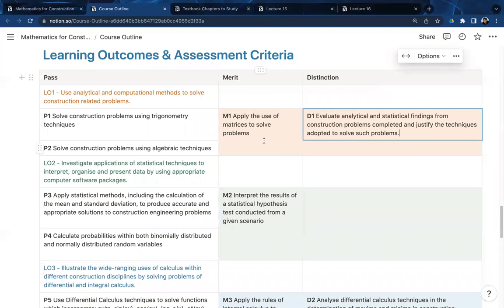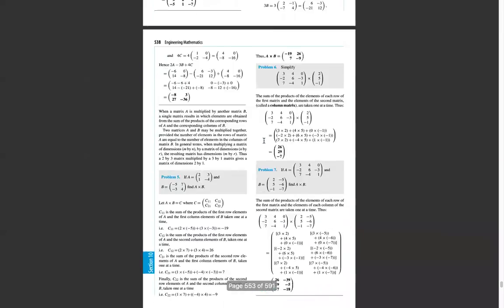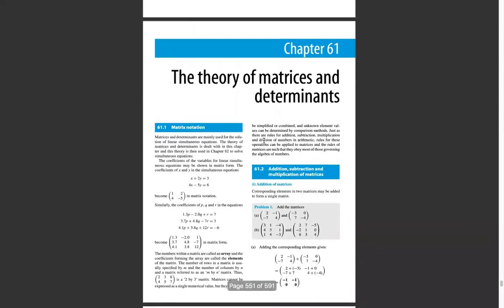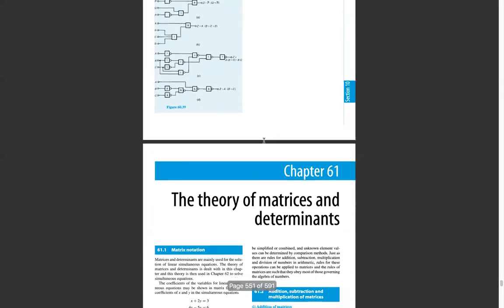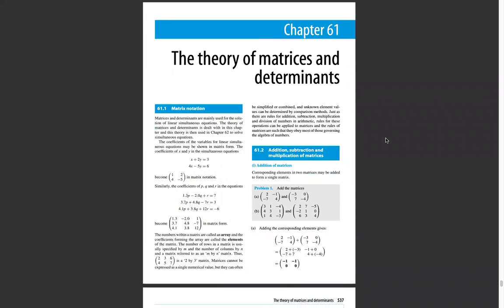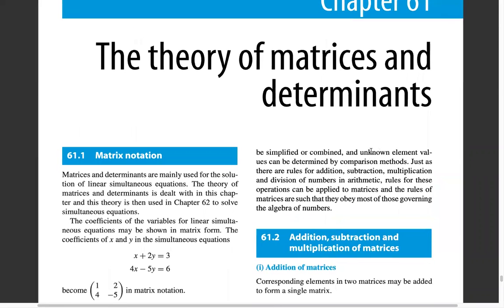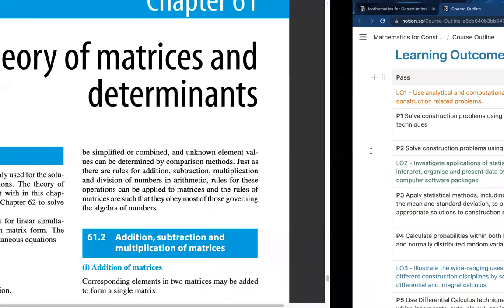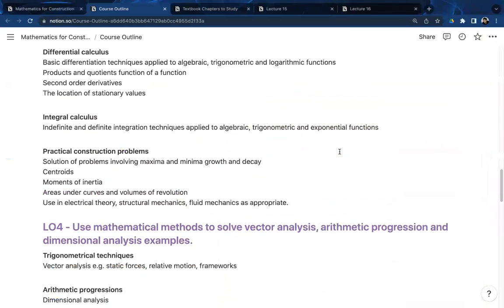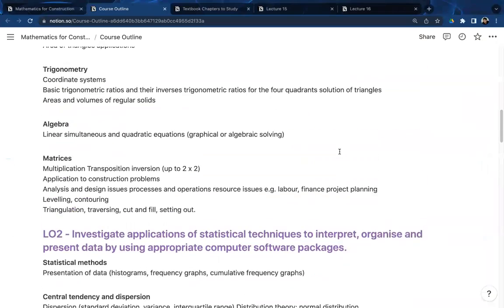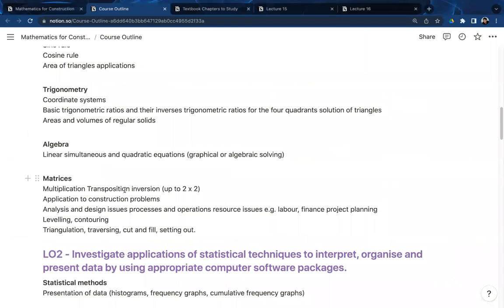So matrices. What does the textbook say about matrices? Chapter 61. Right. So for your course, let me go back on top to the LO1. When you see matrices here, they say transposition, inversion. We're dealing with 2 by 2 matrices, right?